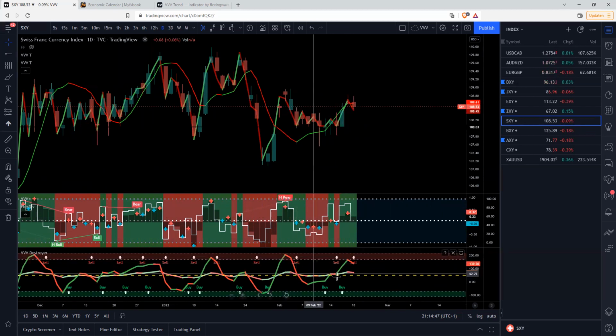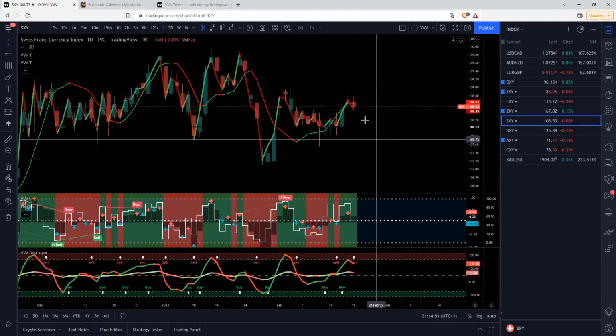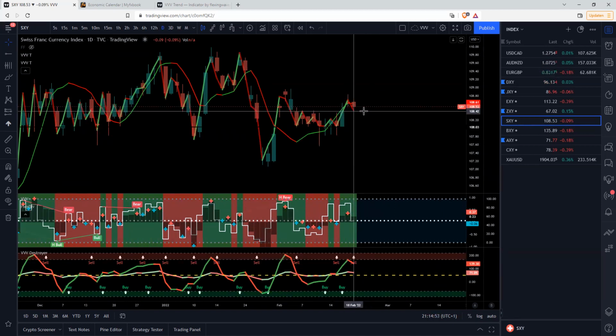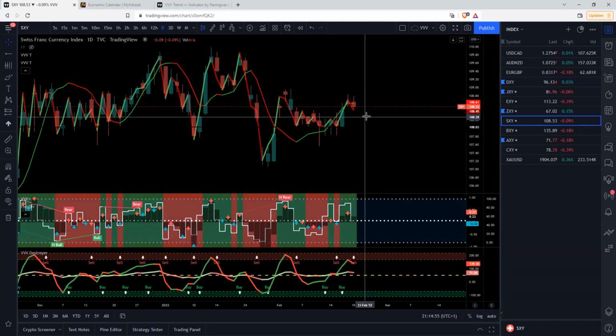There is no divergence, there is convergence, but we cross it also. But to be honest, the SXY, the Swiss franc, is not something I would like to trade. Right now there is nothing interesting in the SXY, right?